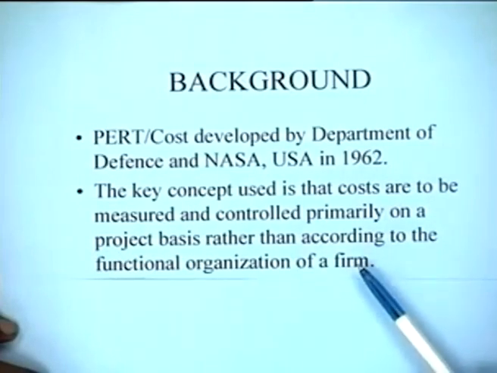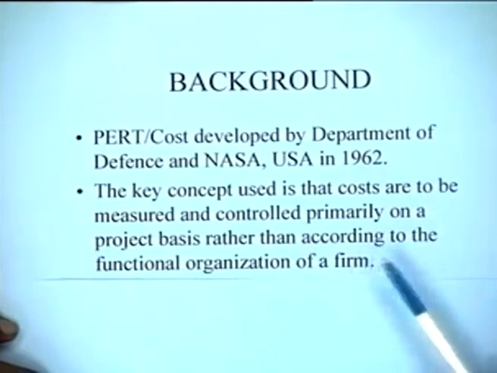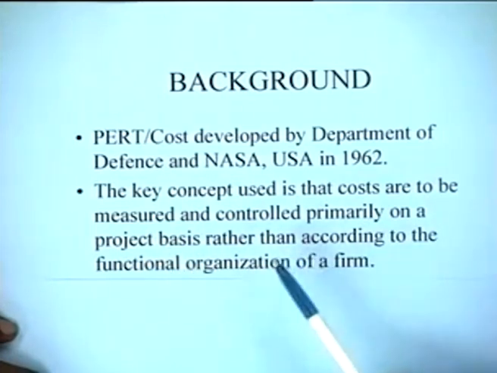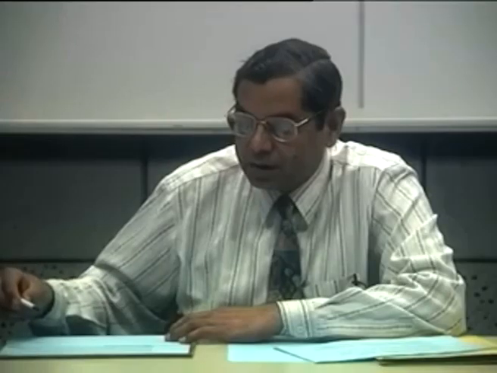In a conventional accounting system, what happens is that an organization says so much has gone to materials department, so much has gone to department A, so much has gone to department B, and so on, irrespective of how much work the individual departments have actually done.